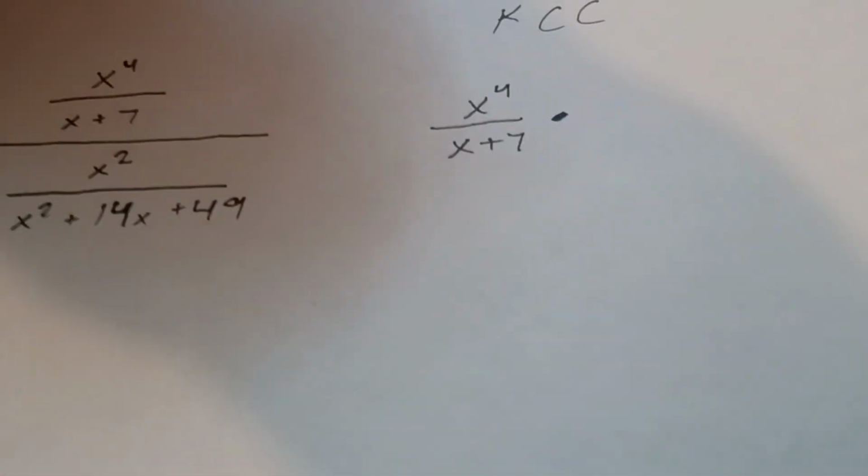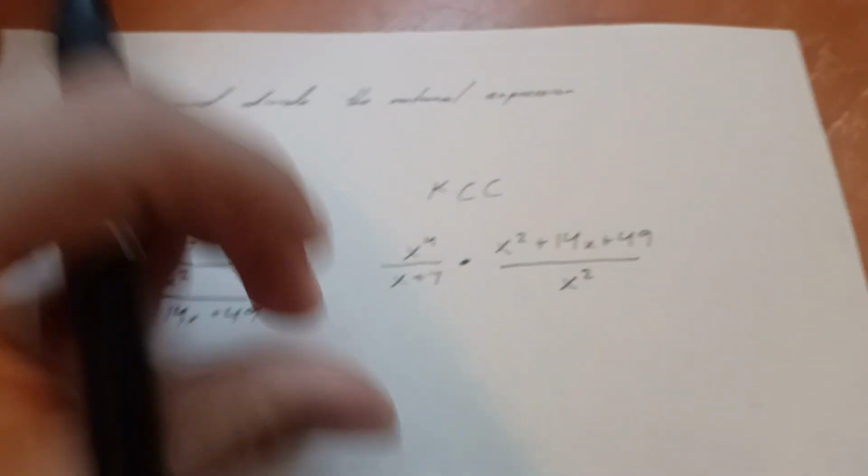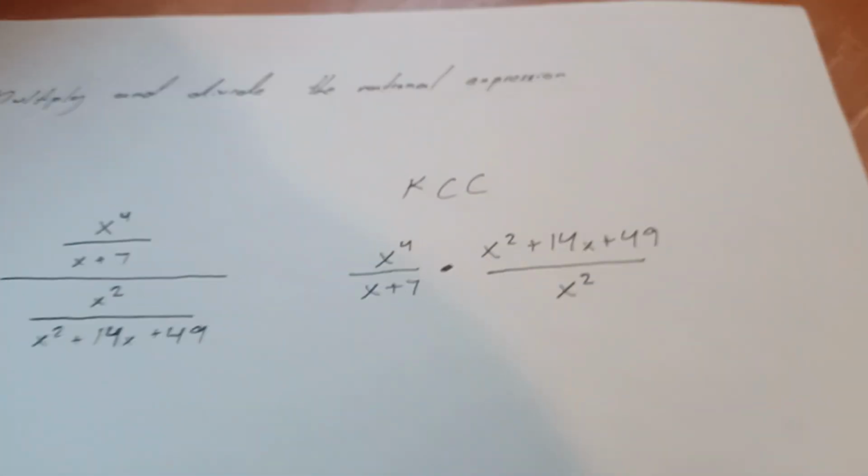So it's going to be times x squared plus 14x plus 49 over x squared, right? Just like that. Keep, change, change.